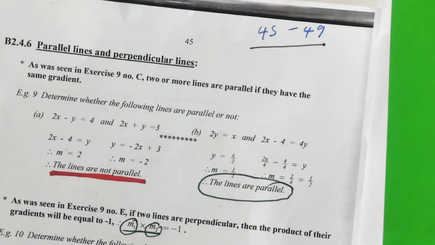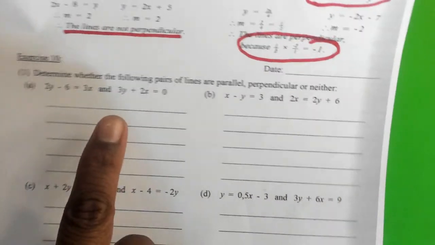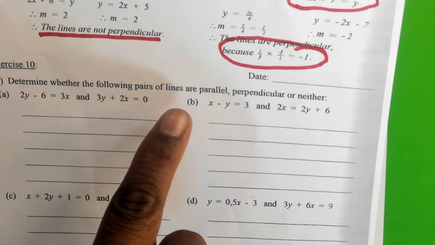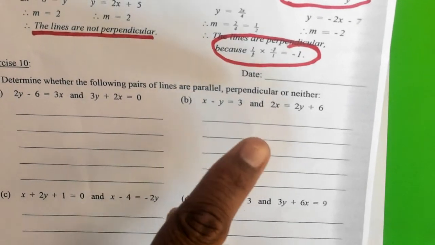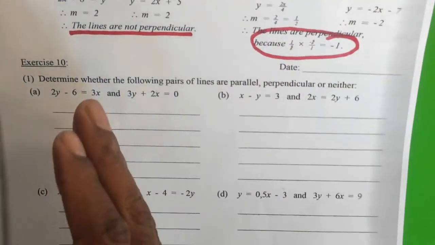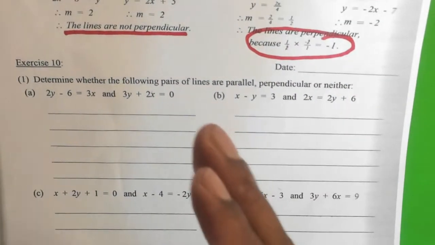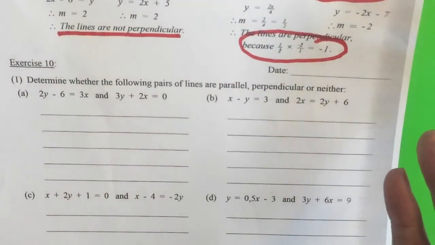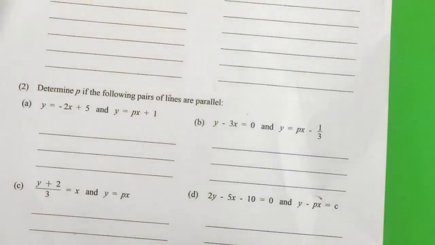Okay, so you do Exercise 10. Exercise 10, you start there. Determine whether the following pairs of lines are parallel, perpendicular, or neither. So you write this in standard form. You can conclude they're parallel, perpendicular, or not. You do your page 45 until page 47.